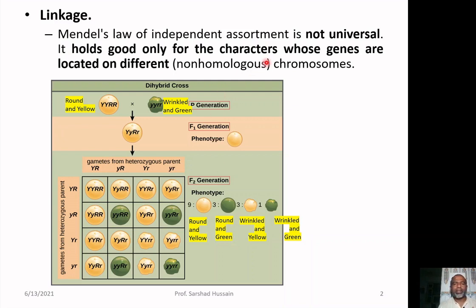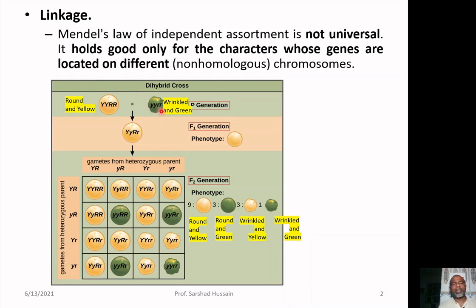But in fact, it is not always that you will find this condition which I have explained in the law of independent assortment. So this law is not universal. This law holds good only when the genes are present on different chromosomes.